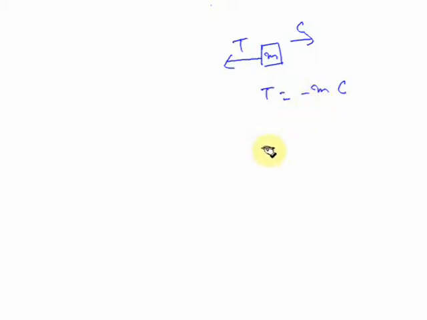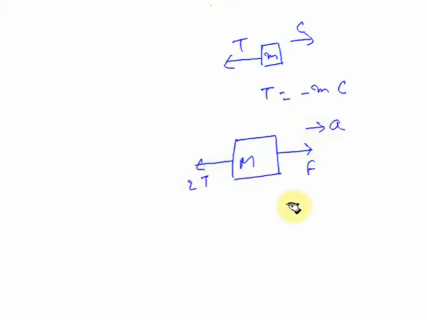Similarly, for the block of mass capital M, the net force was F minus 2T and its acceleration was a, so we can write F minus 2T is equal to capital M into a.